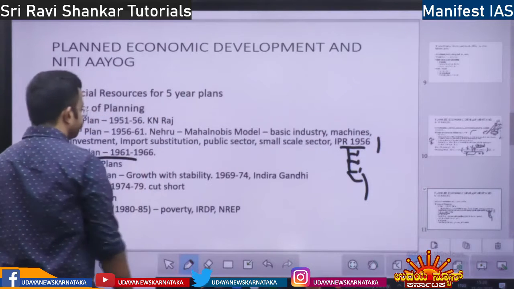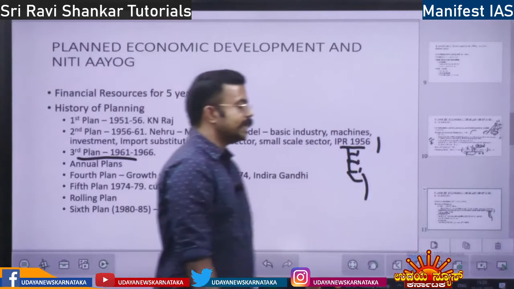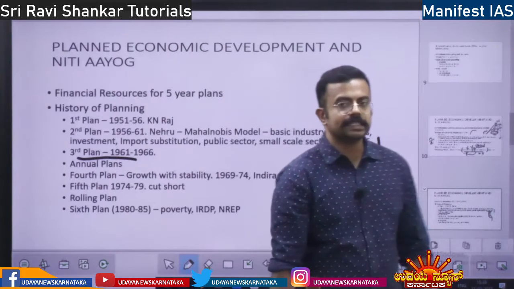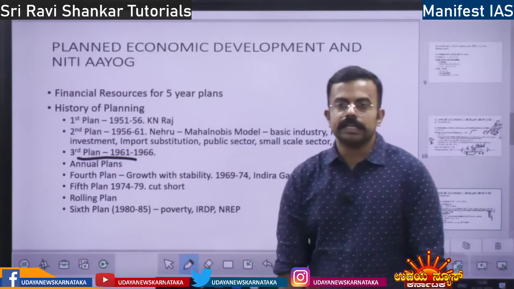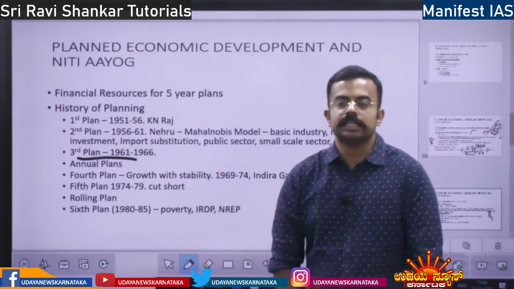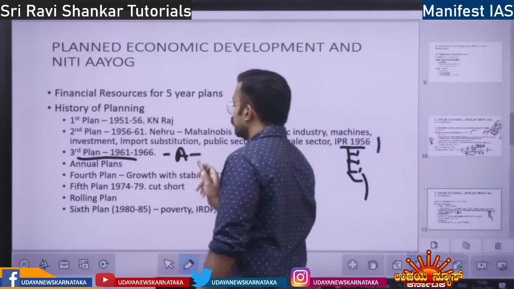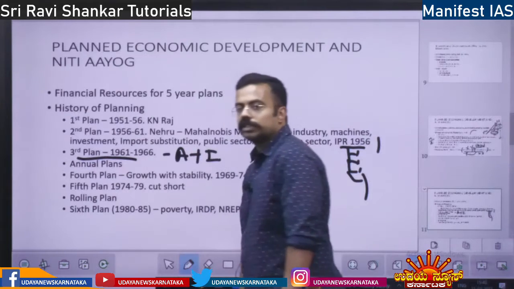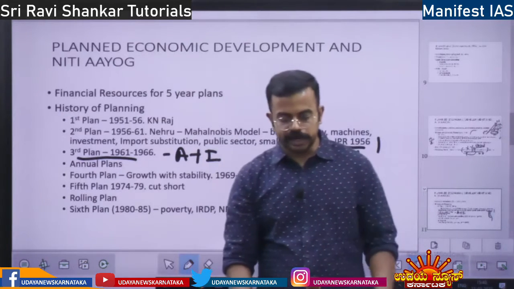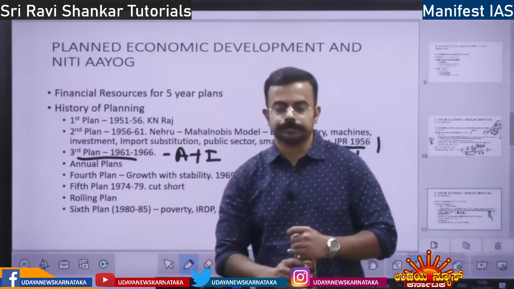So next we have the third plan, 1961 to 1966. This plan focused on both agriculture and industry.